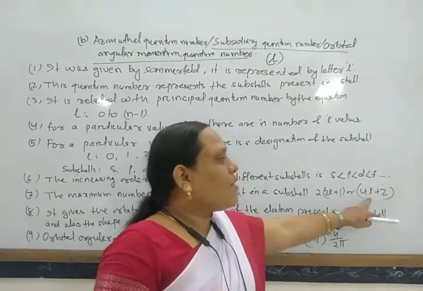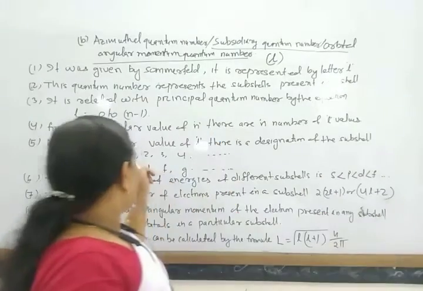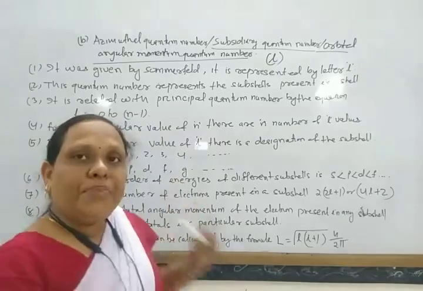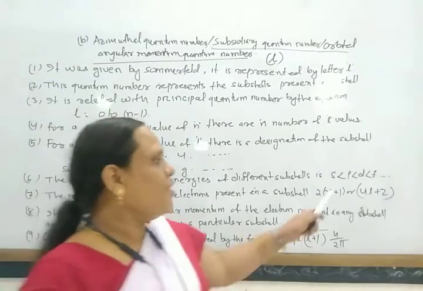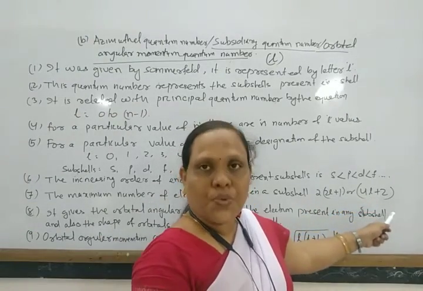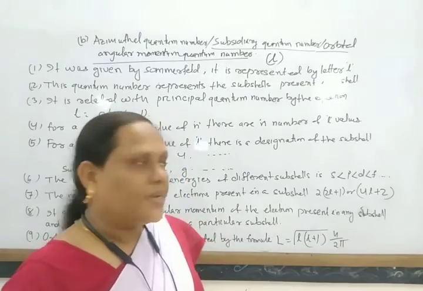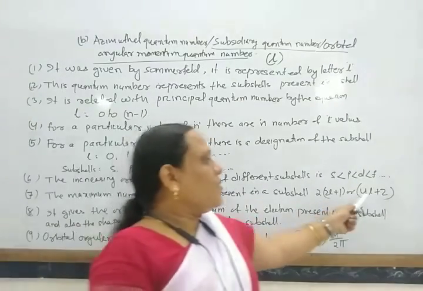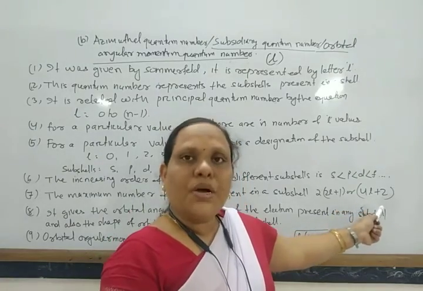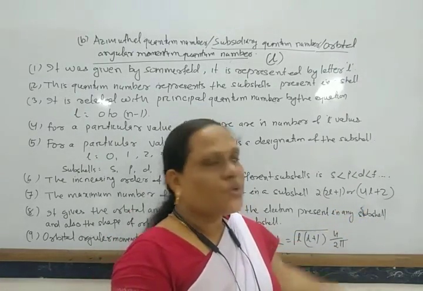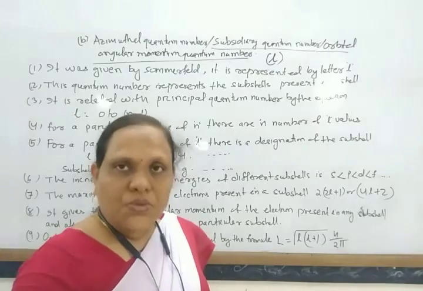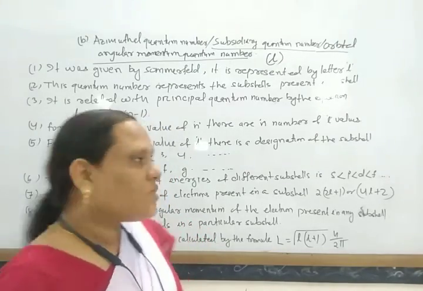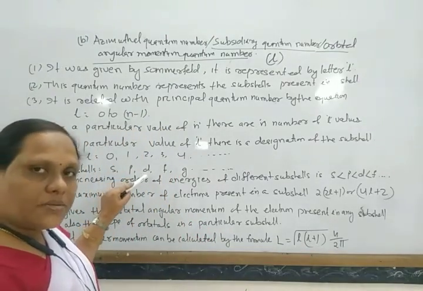When L equal to 1, that means the P subcell. How many electrons are present in the P subcell? 4 into 1 plus 2, that is 6 electrons. When L equal to 2, 4 into 2 plus 2, 8 plus 2, 10 electrons are present in the D subcell.